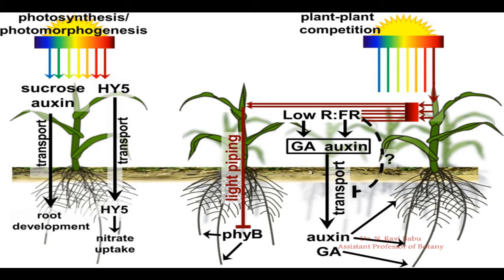Friends, light has a twofold influence upon growth. Hope you understand this line. Light has a twofold influence upon growth. One part of the spectrum provides the energy for carbon assimilation.